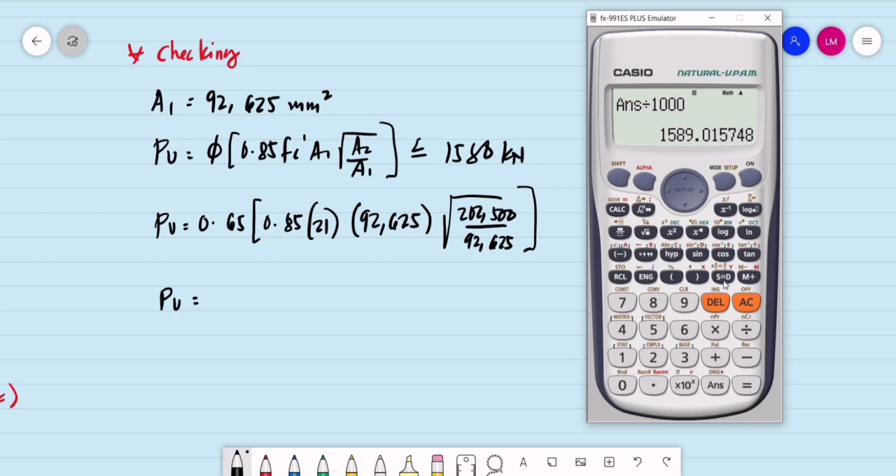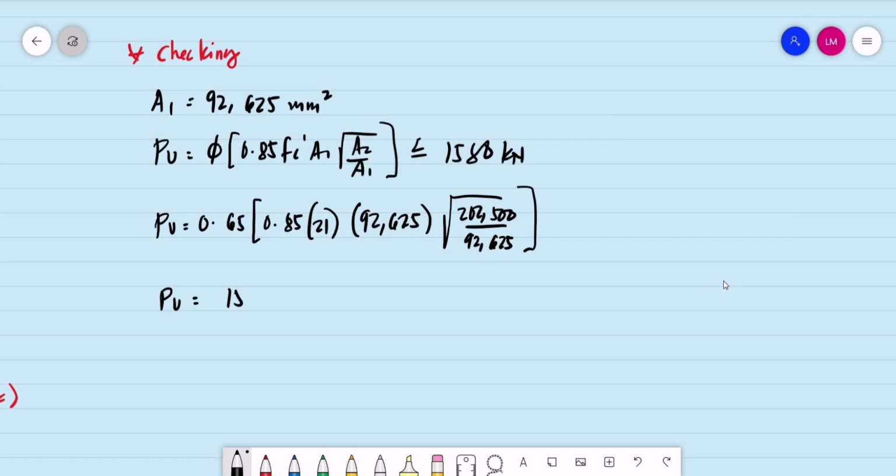That is 1,589.016 kilonewtons. So this is greater than the actual ultimate load, the 1,580 kilonewtons.